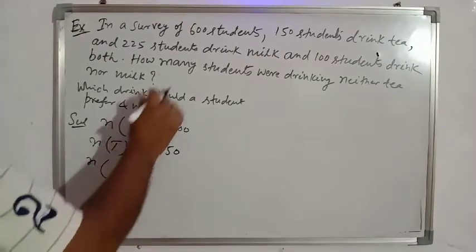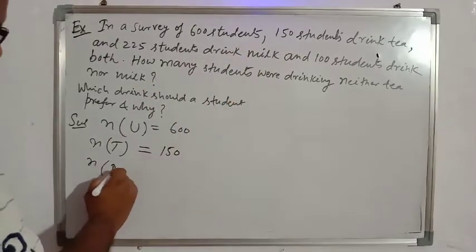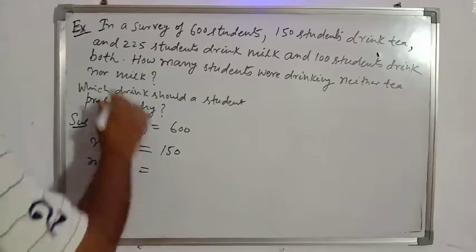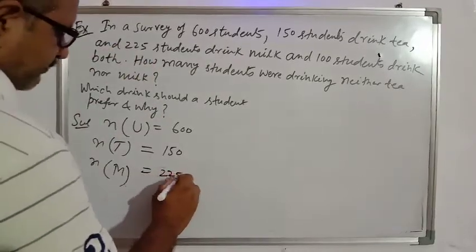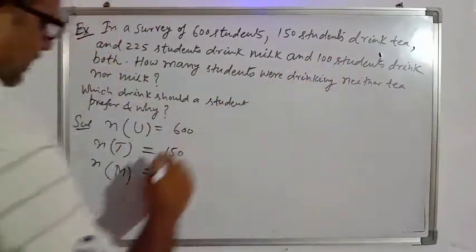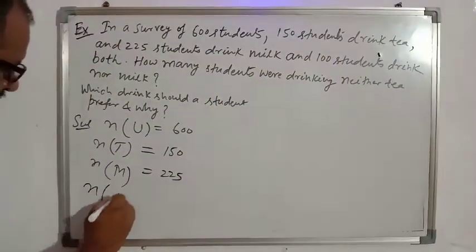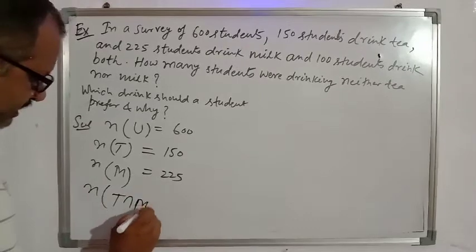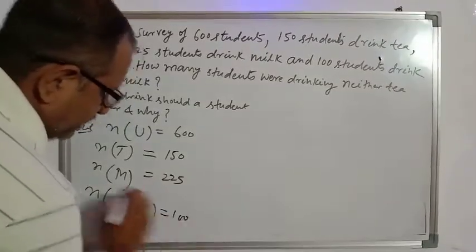The number of students who take milk, represented by M, is 225. And the number of students who take both is 100, so n(T intersection M) is 100.